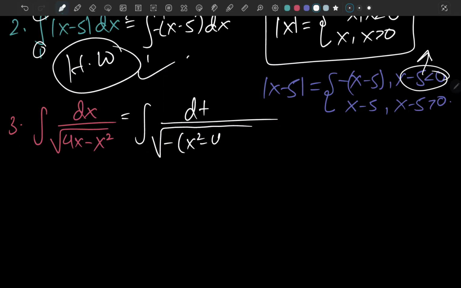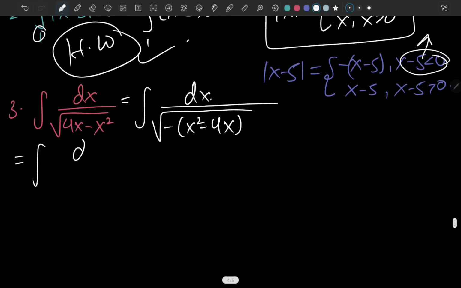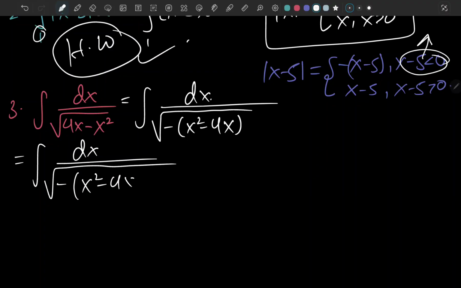So x squared minus 4x. Oh, this is not t, this is x. So our integral becomes dx over the square root of minus of (x squared minus 4x). I'm going to add plus 4 and subtract 4 at the same time.